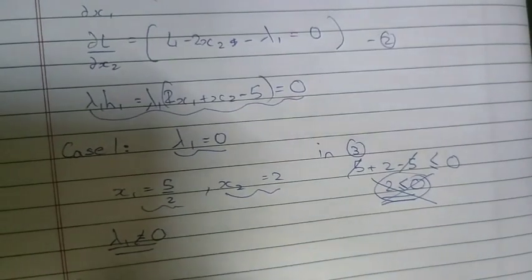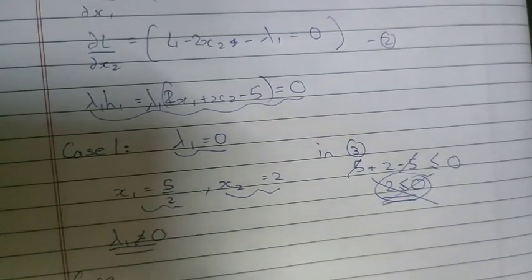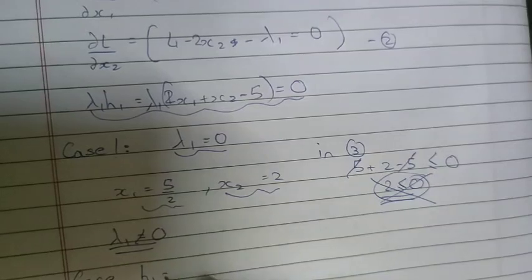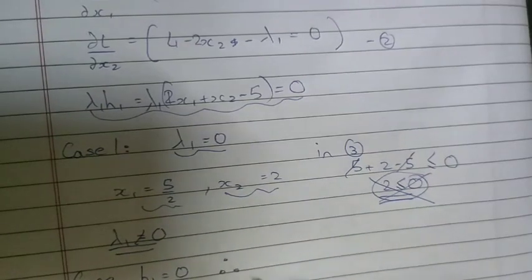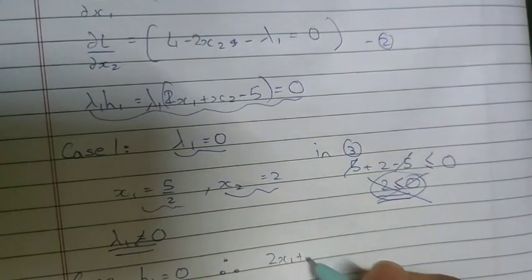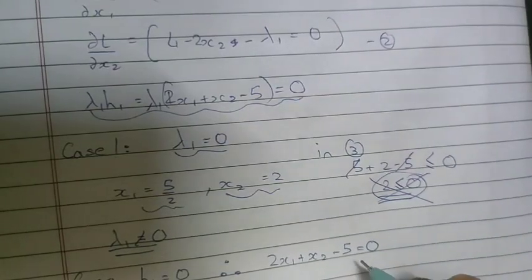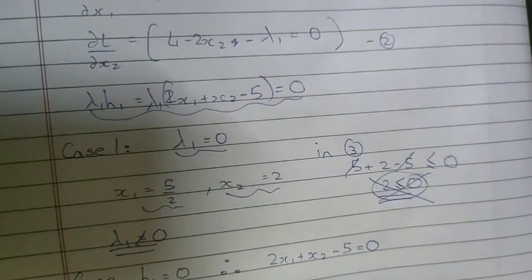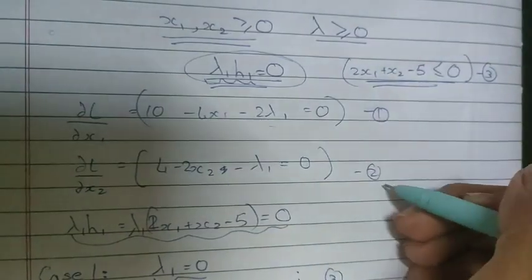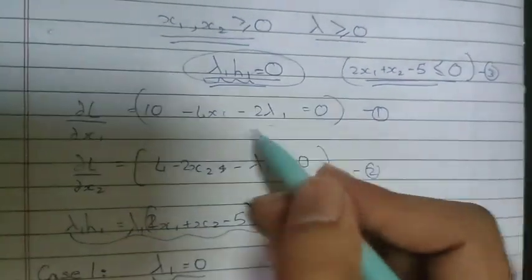Therefore, lambda 1 is not equal to 0, we know that for sure. Now we move on to case 2. Case 2 says that h1 equals 0, so 2x1 plus x2 minus 5 equals 0.